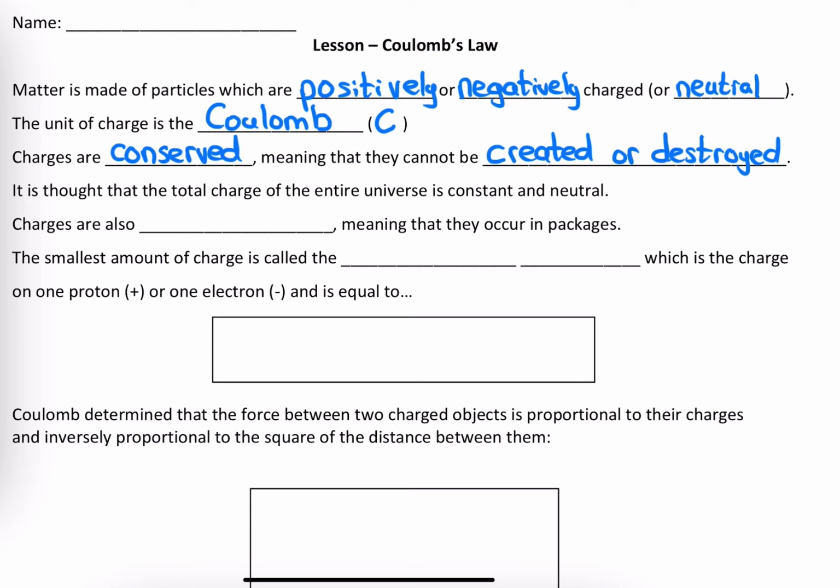Another important thing about charges is that they are quantized, meaning they occur in packages. Now, some things we measure are quantized, some things aren't. Length is an example of something that isn't really quantized.